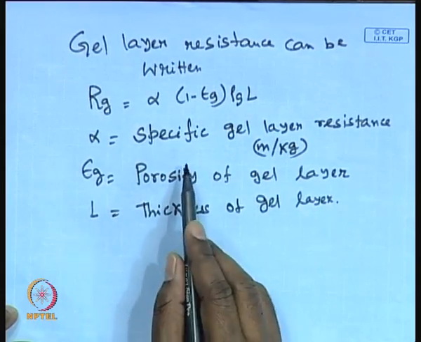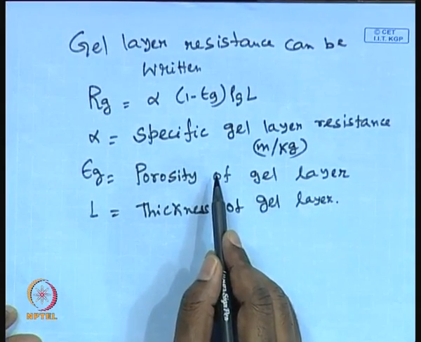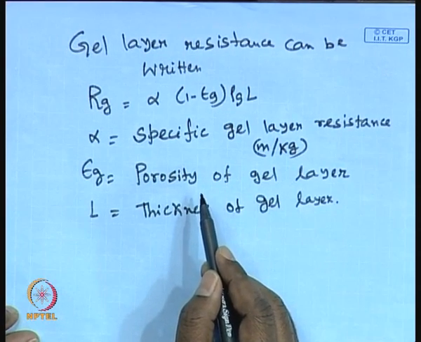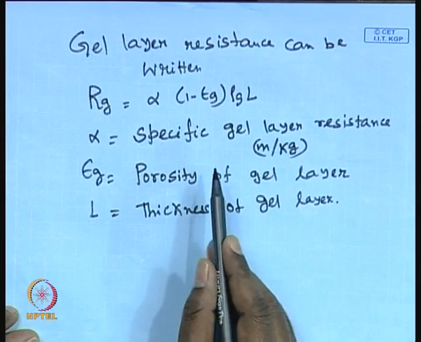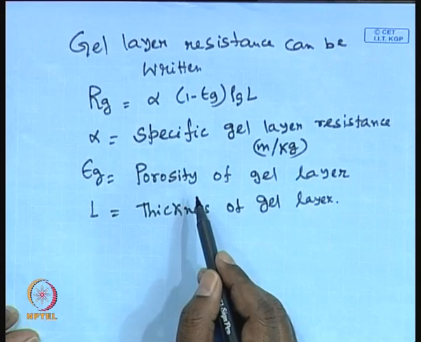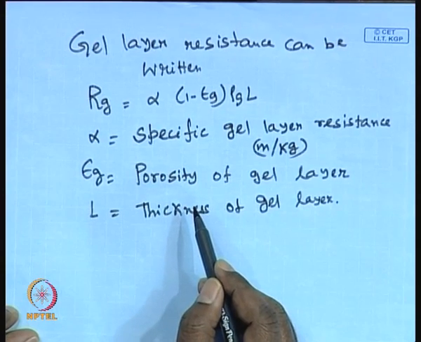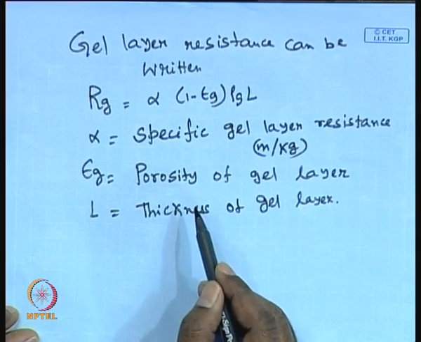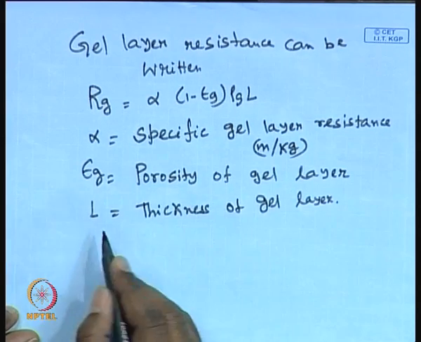Now, alpha, the specific gel layer resistance, is a function of gel porosity and particle size of the gel forming material, and the simplest way to have an estimate of alpha in terms of particle diameter and porosity is the Kozeny-Carman equation. If you ever do the filtration theory, you will come to know all these characteristic equations.